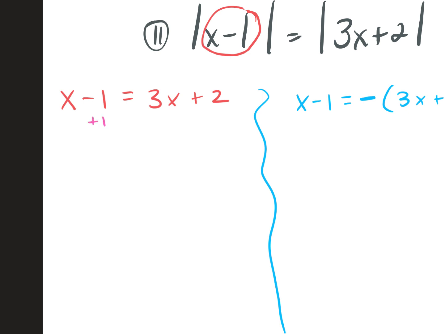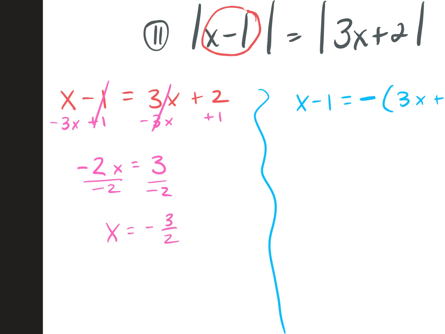I can add 1 to move it to the right side. I can also subtract 3x. So we want to move the x's to one side, the constants to the other. So I have negative 2x is equal to 3. What else should I do? Divide by negative 2. So x is equal to negative 3 over 2. That is one of our answers.